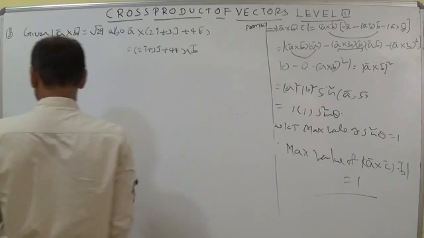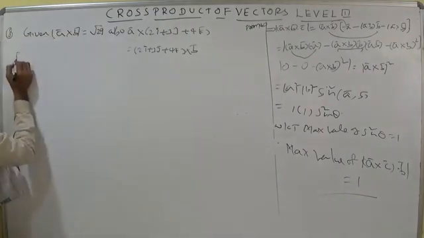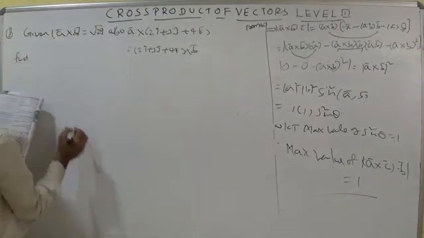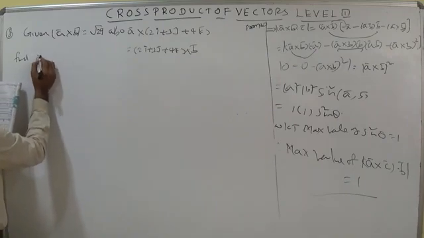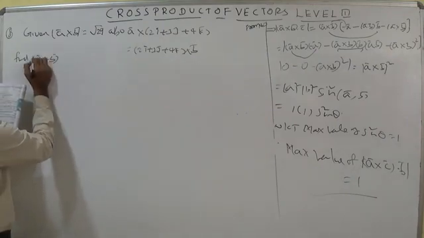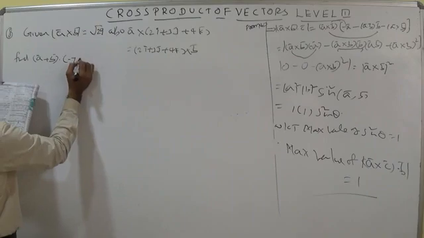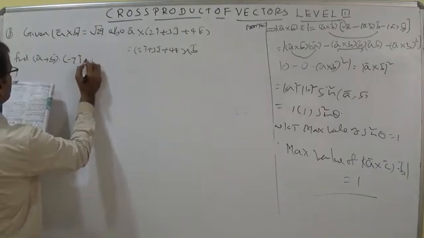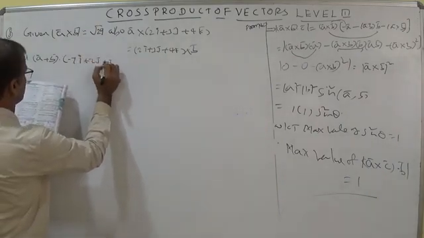The two values are equal. Then find a possible value of A bar plus B bar dot 7i plus 2j plus 3k.